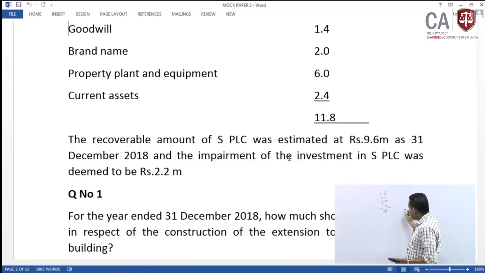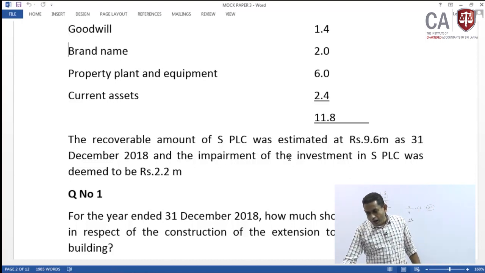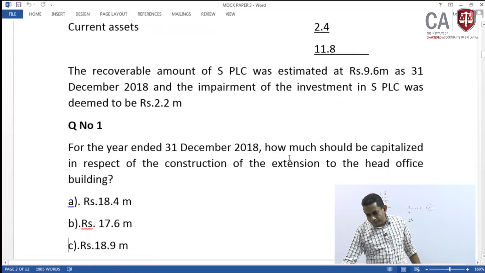Now, brand name is 2, 2 divided by 8 into 0.8. So, the amount of impairment loss to be allocated to brand name should be 0.2, deduct it from the brand name. 2 minus 0.2 is 1.8. So, the carrying value of the brand name after impairment loss being allocated should be 1.8.